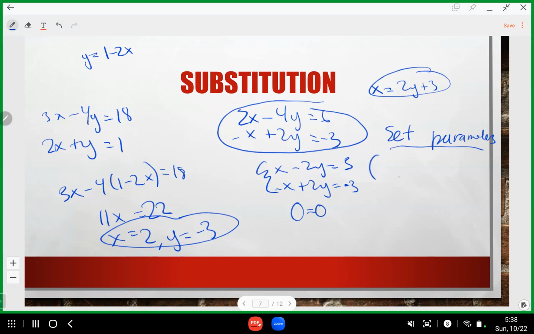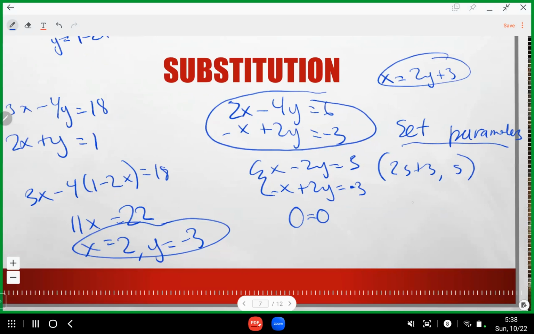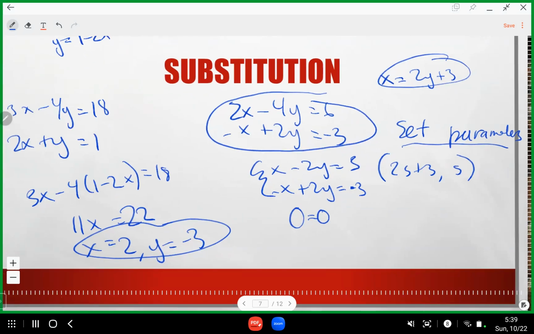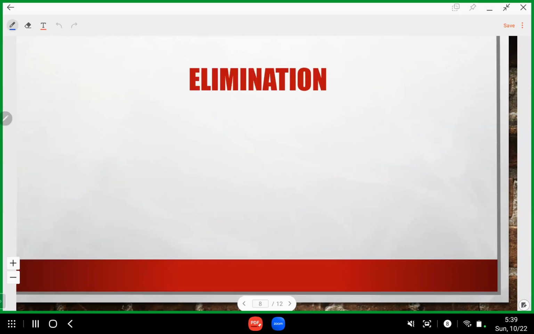Since x is equal to 2y plus 3, you've got 2s plus 3 and then s. Well, s can be equal to any number, right? All right. So that's how you set parameters. And we'll learn more about this when we go into matrices, so don't worry too much about it. So let's go on to elimination.